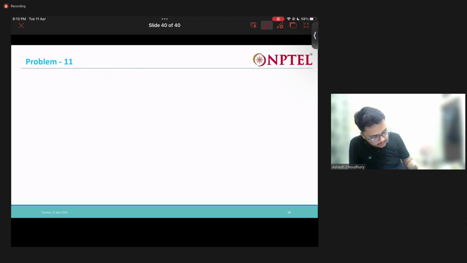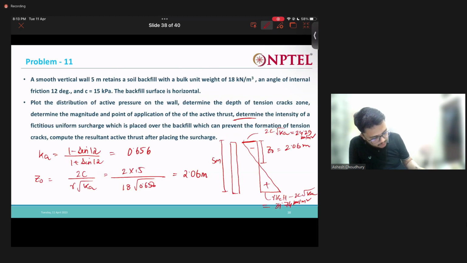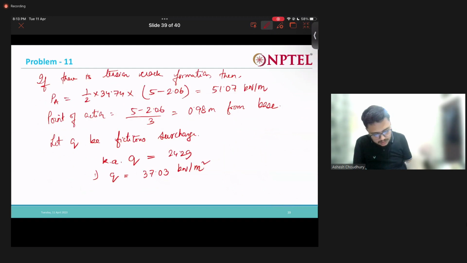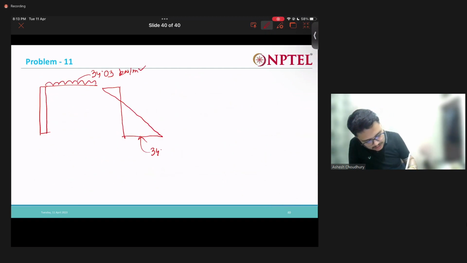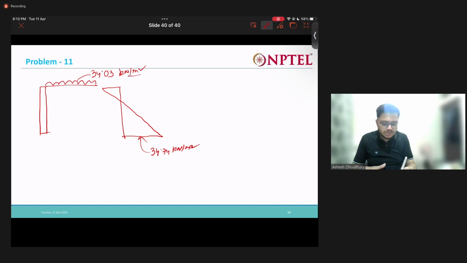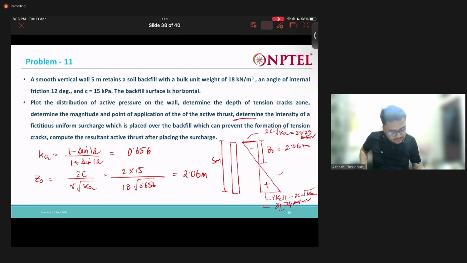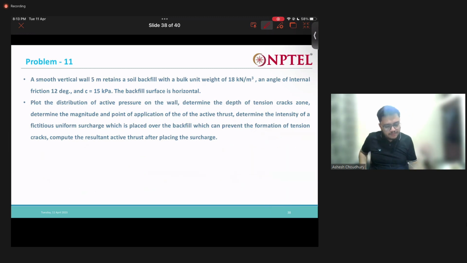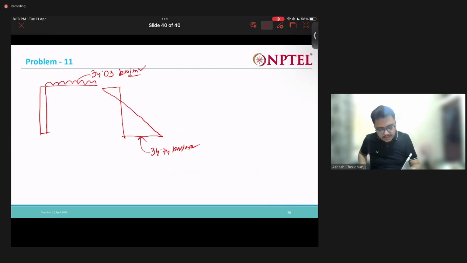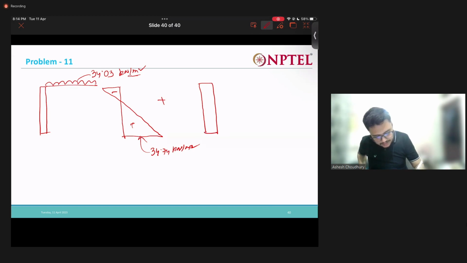This one we already calculated as 34.74. This was the original case, negative, positive. Now again we are adding this, so we get this, which is 37.03 into K.